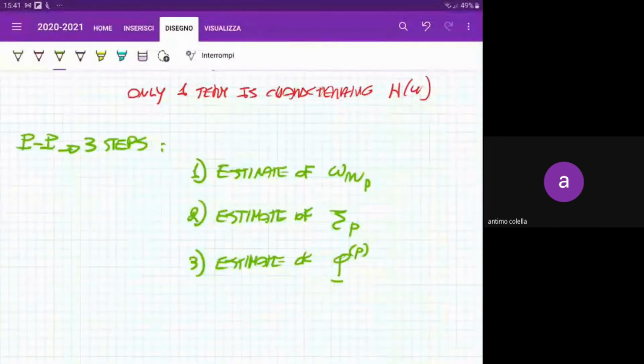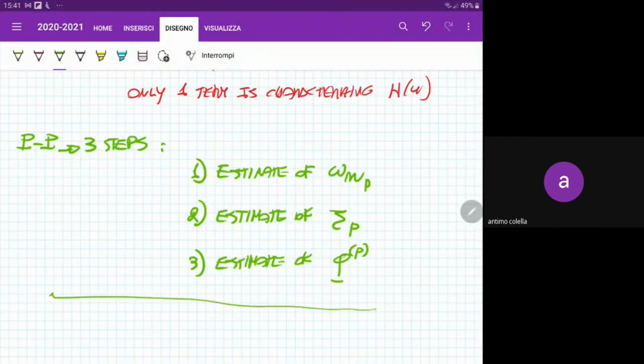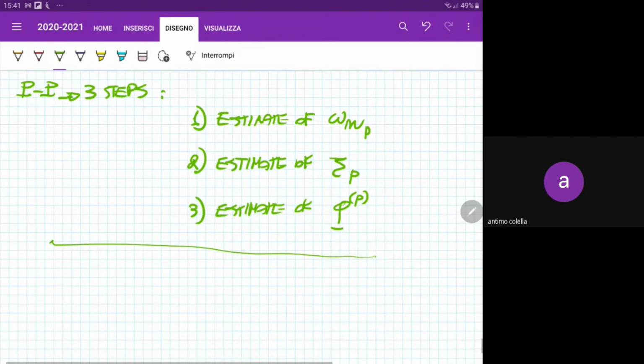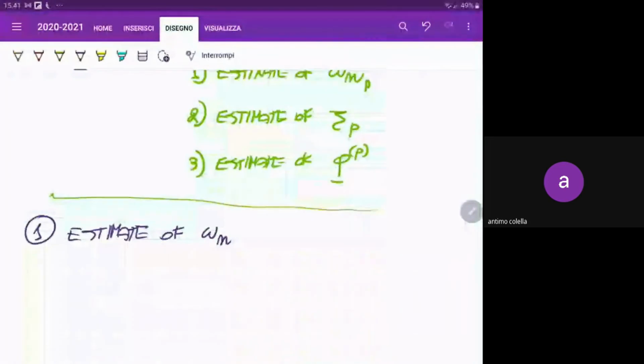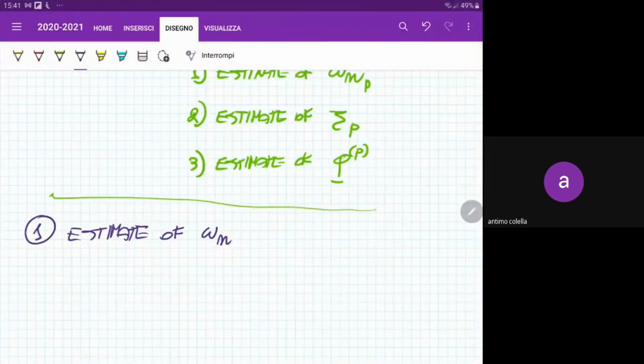So let's go describing these three steps. First one, estimate of the natural frequency, whatever it be. I'm forgetting the p index. So how can we do that?